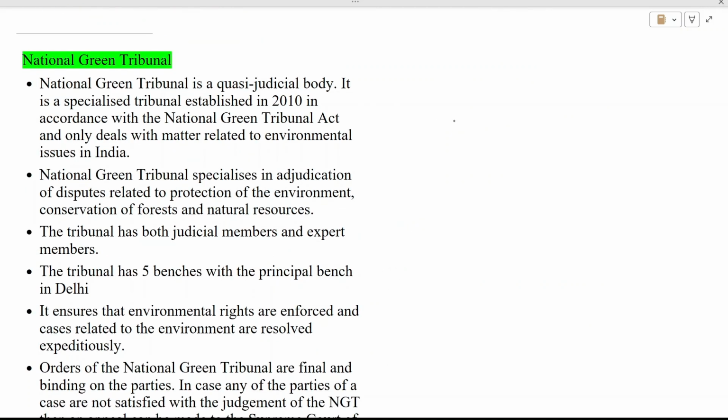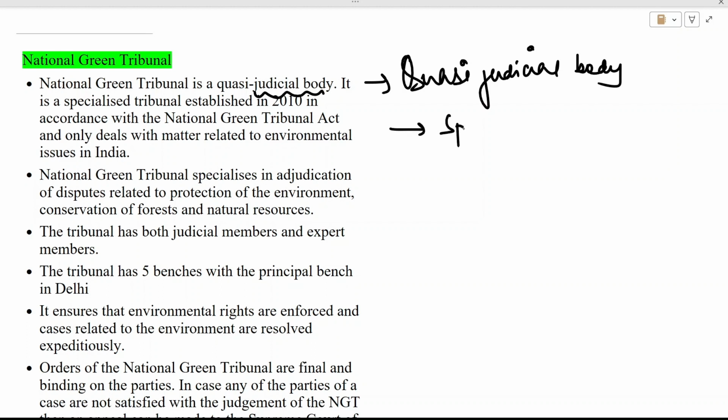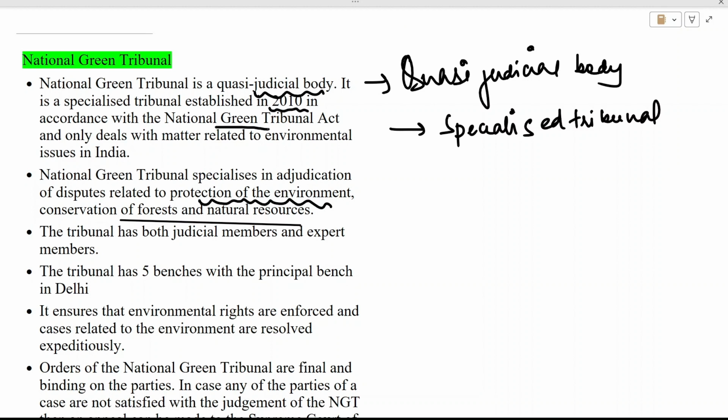Next on your syllabus talks about the National Green Tribunal. Again, same thing, National Green Tribunal is a quasi-judicial body. It's a specialized tribunal. Specialized tribunal, why? Because it deals in matters with respect to protection of environment, conservation of forests and natural resources. It was established in 2010 as per the National Green Tribunal Act.